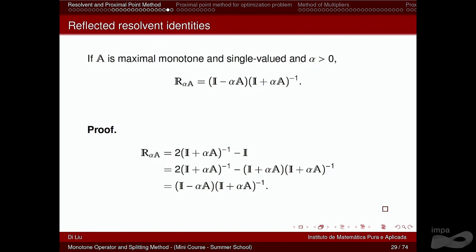But the inverse is single valued. So in the proof, we use that A is single valued in the second line here. We need to use this operator here. It's single valued. You can check it by yourself later. It's a very important result in many analyses of the splitting method. We will use this result later when we talk about the splitting method.